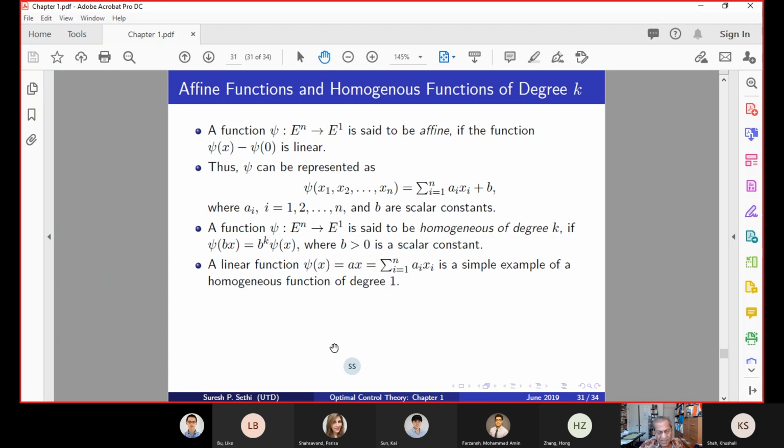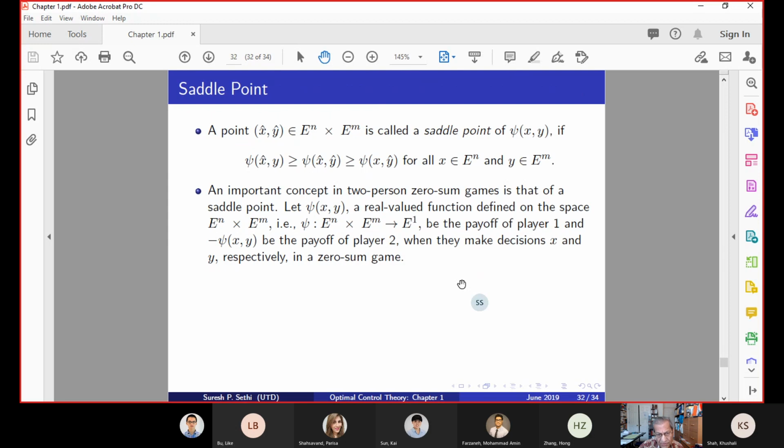That means that if I have a machine and I have 2 machines, then 2 machines together will produce exactly 2 times what 1 machine produces. So that gives you the homogeneous degree of 1. Most of the production functions that we use are homogeneous of degree 1, although sometimes you can do others. So here's a linear function. The simple example is a homogeneous function of degree 1.